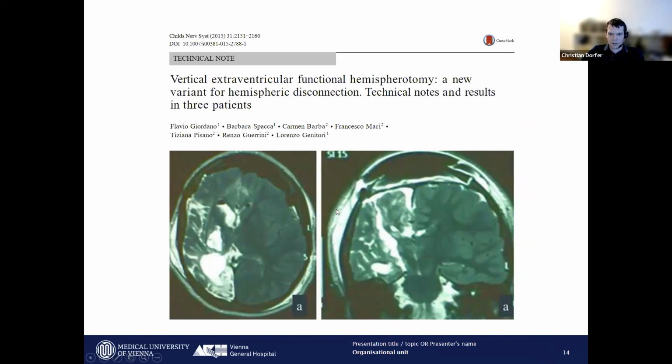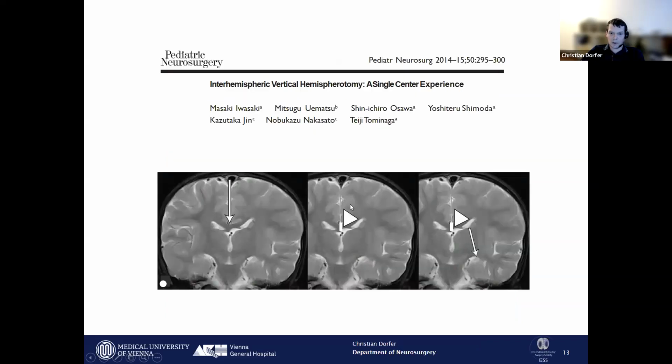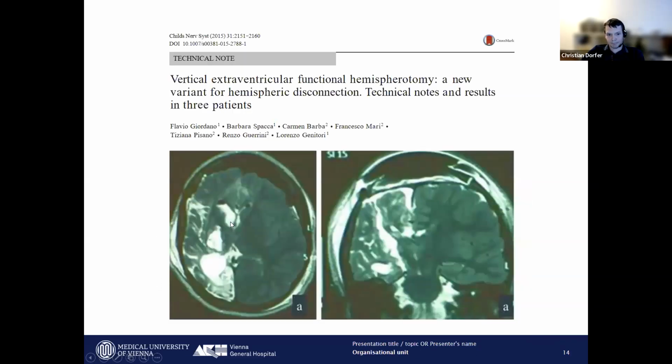We can discuss this during the discussion session. And the main argument, and I think Thomas will tell you also, to come through the interhemispheric fissure is the easier orientation for the colossotomy.